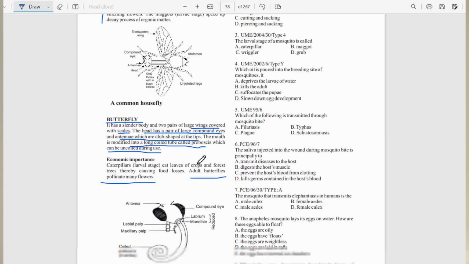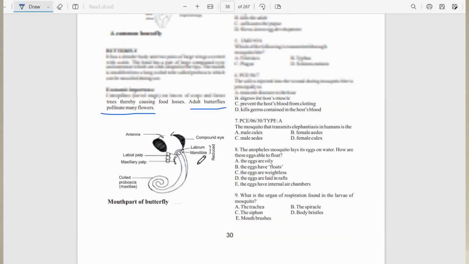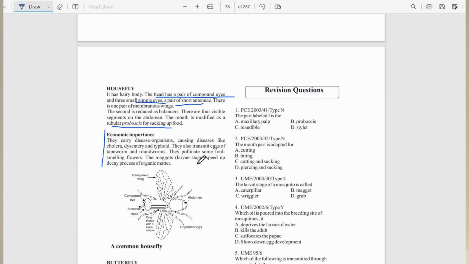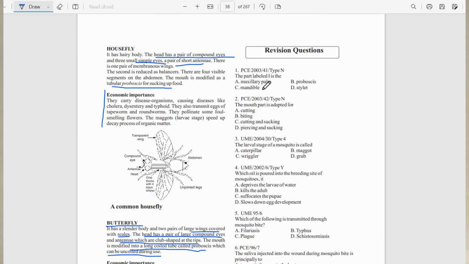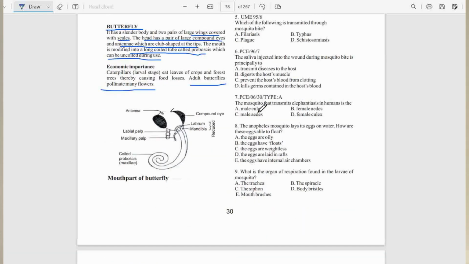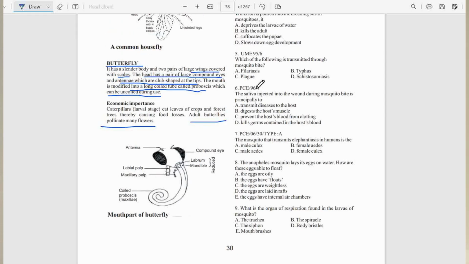So I think on that note, that gives an overview of the common insects in our environment. There are a couple of questions here that you can actually lay your hands on. For example, in UME 1995 question 6, which of the following is transmitted through mosquito bite?